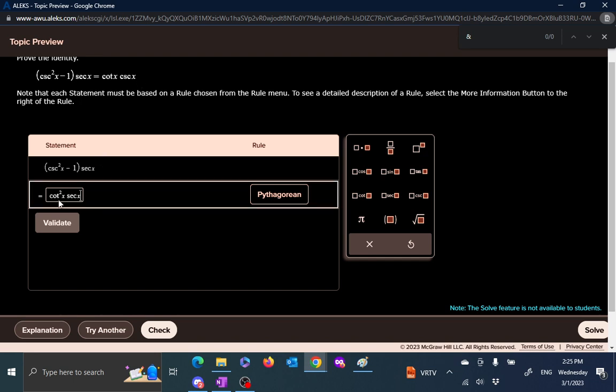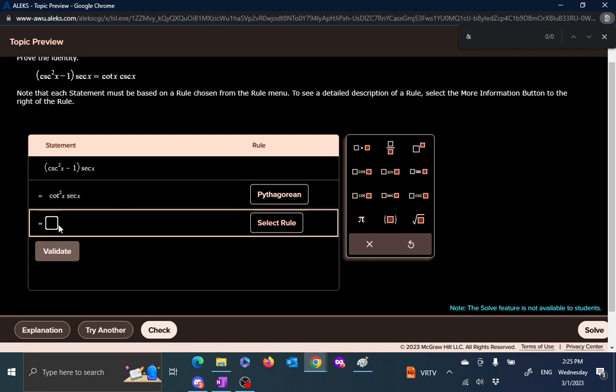I can keep one cotangent out and then write this as cotangent times cotangent times secant of x. So let's verify this: cotangent of x times another cotangent of x times secant of x.